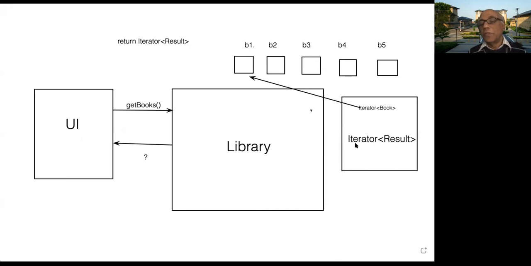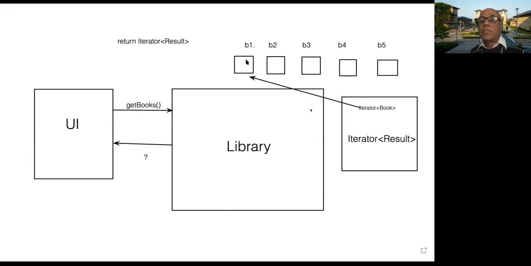If you look at this class, it will have has next, it will have next. So when you call next on this, it will give you a result object. And how does it get that result object? It iterates through this iterator of books. So when you call the next of safe iterator, it is going to call the next of iterator book, which it is maintaining.